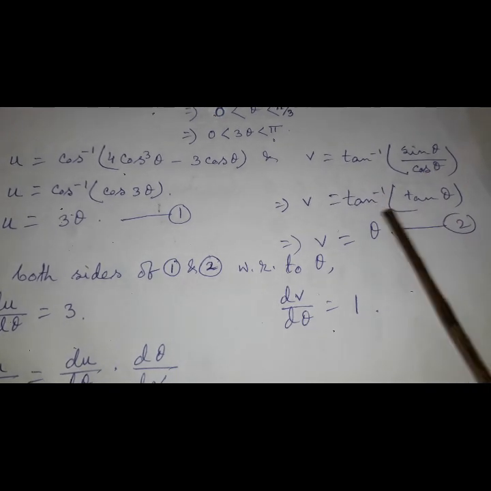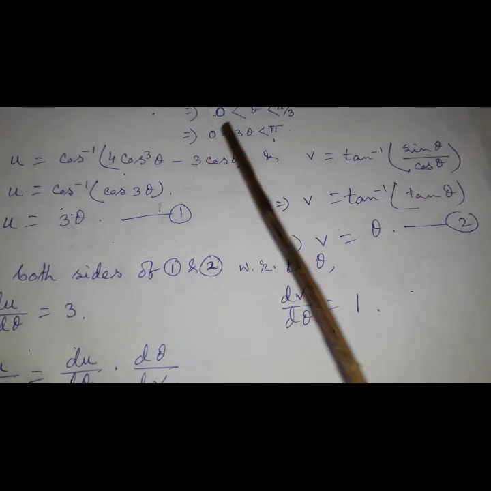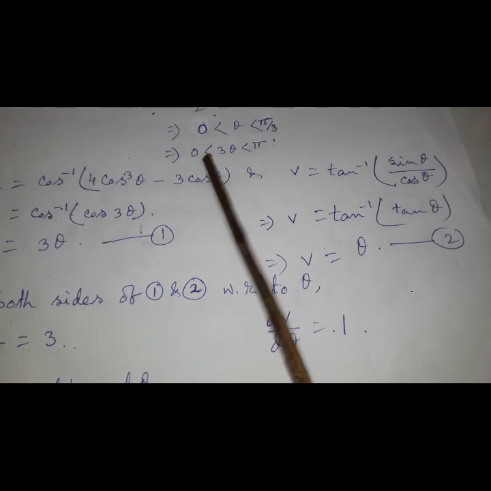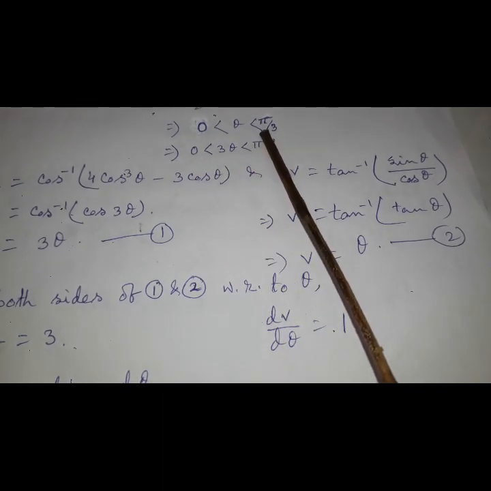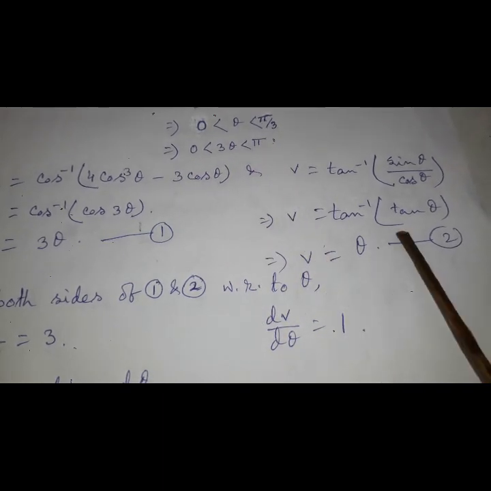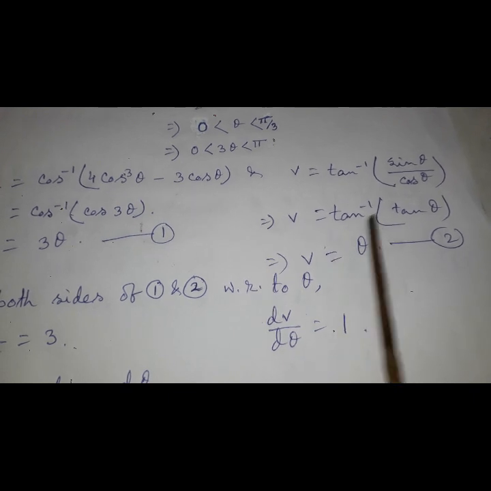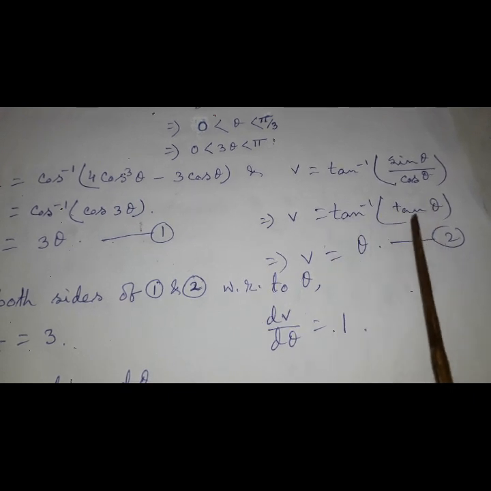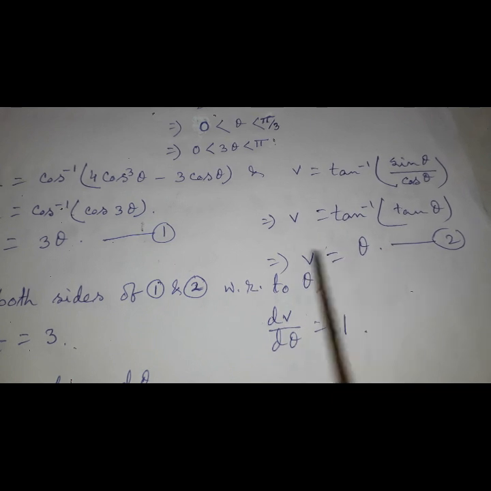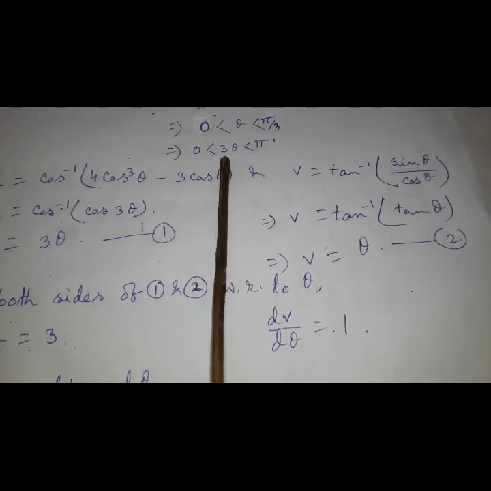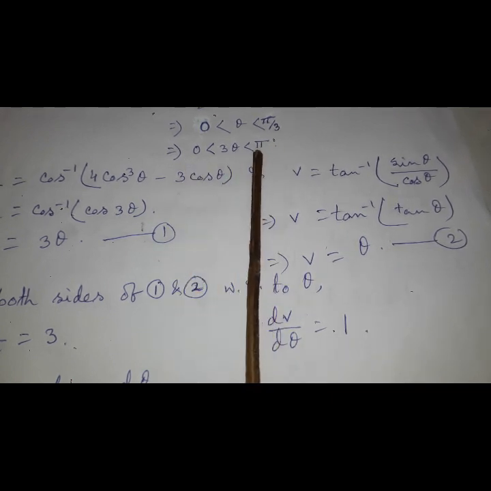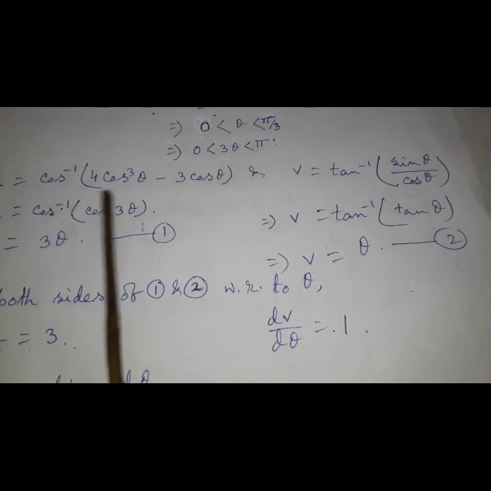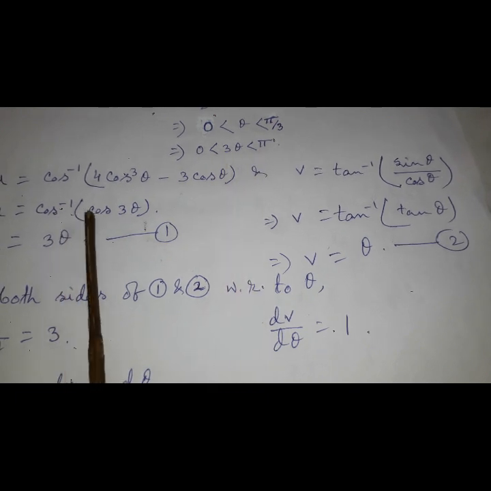Tan inverse tan theta: you see this theta belongs to 0 to pi by 3, that is the principal range of tan inverse. So we can eliminate tan inverse and tan. So v is equal to theta. Similarly 3 theta belongs to 0 to pi, which is the principal range of cos inverse. So here also we can eliminate cos inverse and cos.